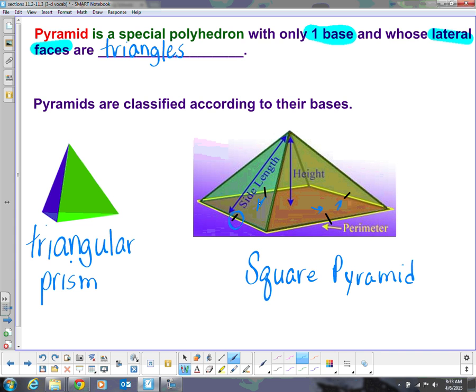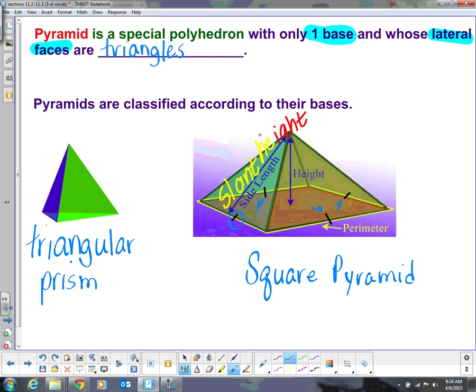Notice the height goes from the point perpendicular to the base, correct. Now, this thing right here is called the slant height. And now I need a different color pen because I'm running out of room.